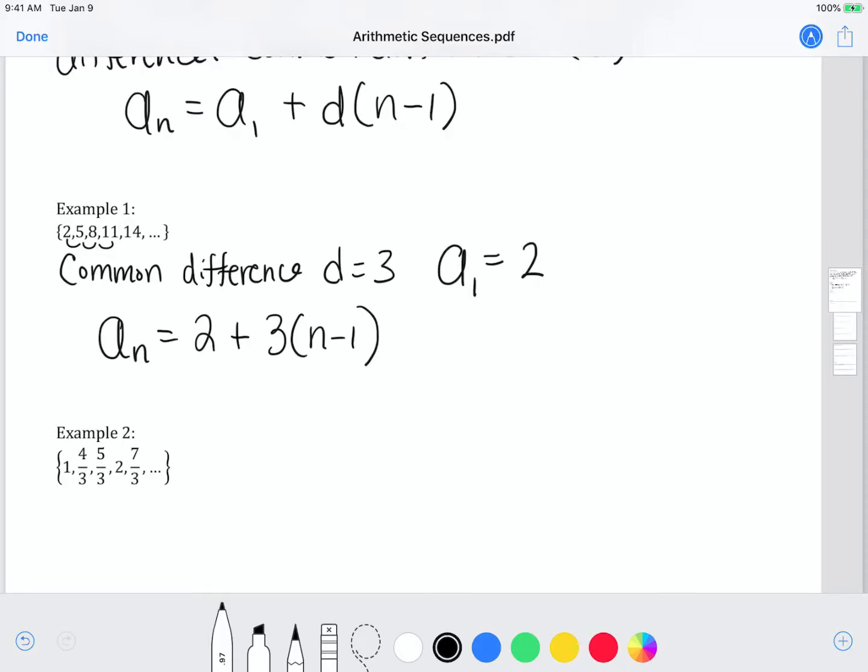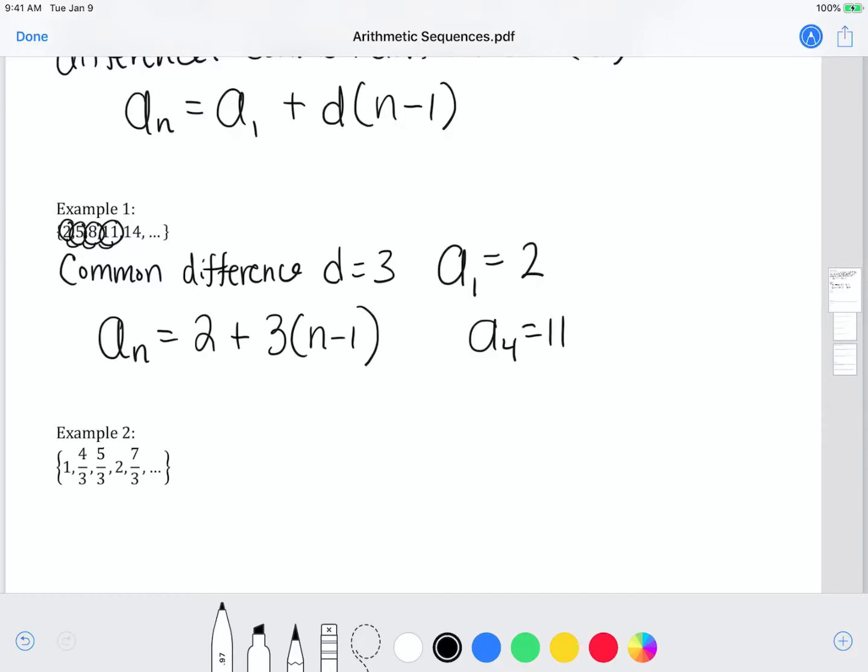I can check it by picking a term and plugging in. So let's say I want to verify that a_4 is 11. This is my first, second, third, fourth term. Fourth term is 11.